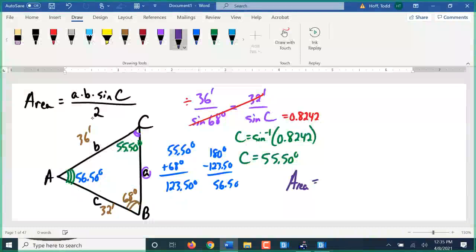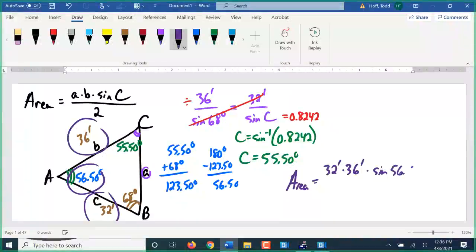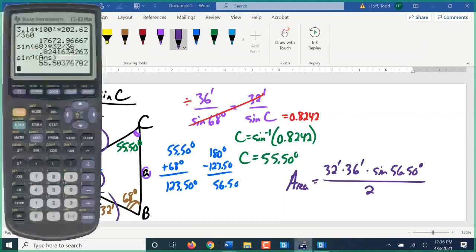The two sides are the 36 and the 32. They aren't necessarily sides A and B, but they are the two sides that we have, two adjacent sides. So 36 feet times 32 feet times the sine, my angle is the angle in between them, the 56.50 degrees. And of course, divided by 2, because it's a triangle.